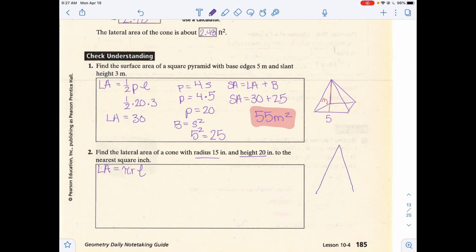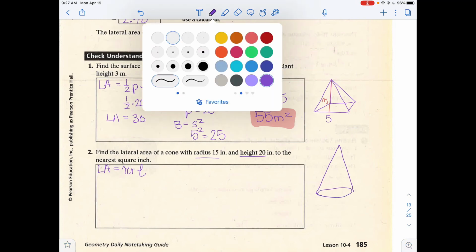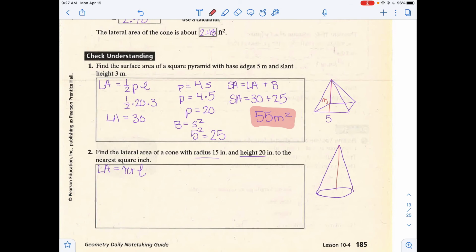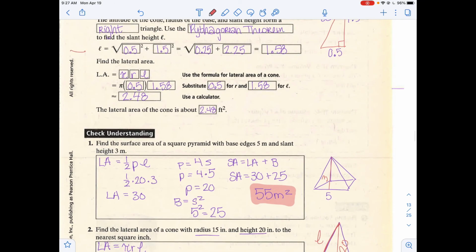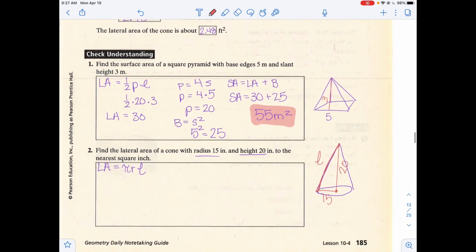So if I draw this cone, kind of, we have the height from the vertex to the center of the base. The radius is from the center of the base to the edge. We need to know the slant height over here. We know that the radius is 15 and the height is 20. So we can use the Pythagorean theorem like we did up here to solve that.